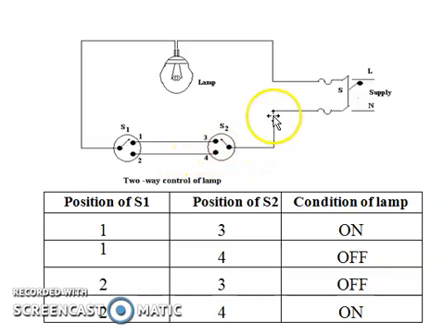If switch number 1 is at 1 and switch 2 is at 4, then there is no continuation of the path. Therefore, the lamp remains in off condition. That is shown in the tabular column in the slide. So this is how we connect the two-way control lamp using two switches.